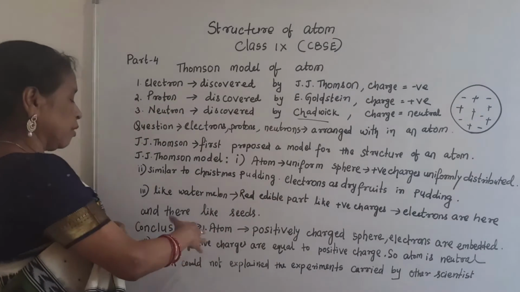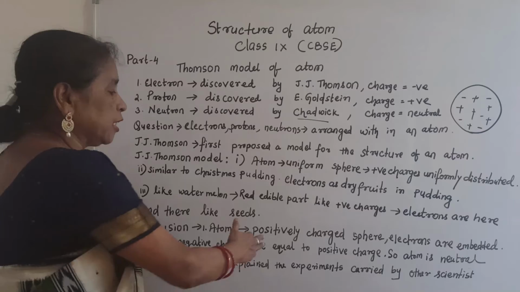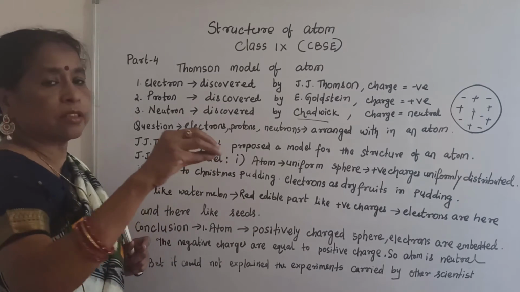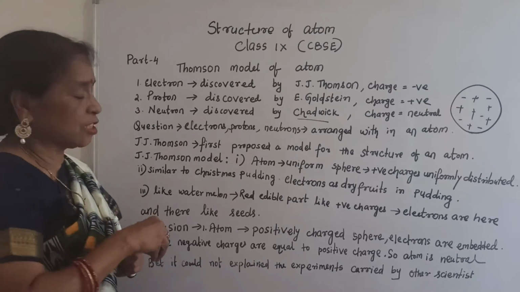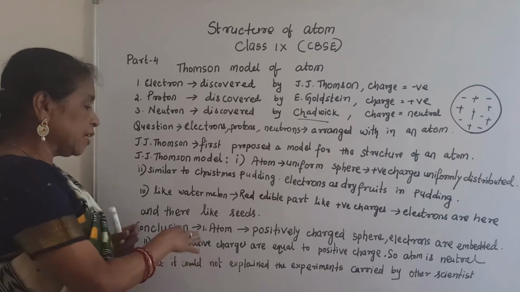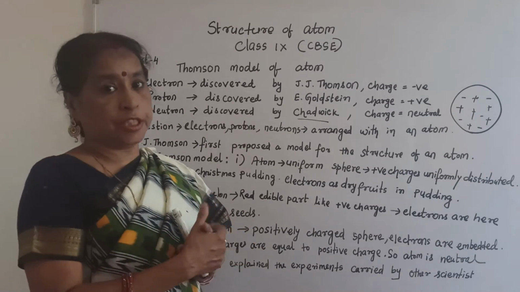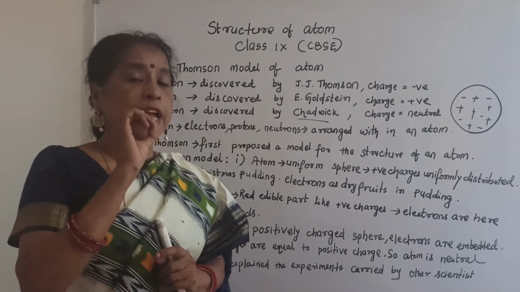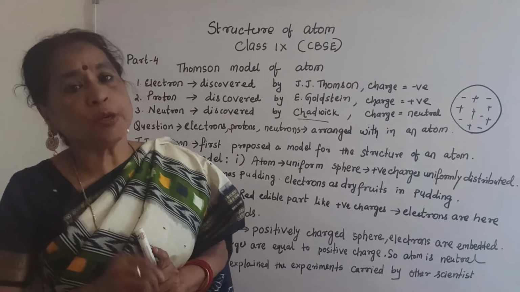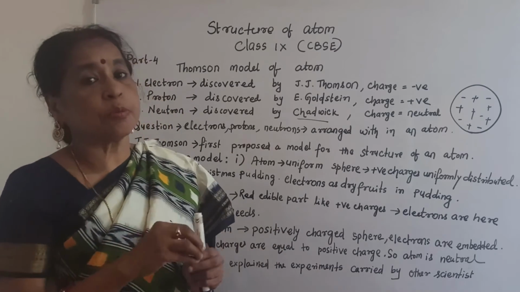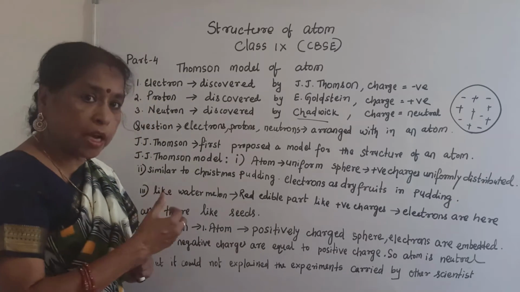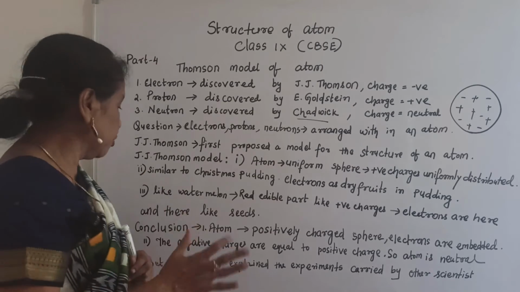The conclusion is that in the positively charged sphere, electrons are embedded. Electrons you put here and there, that is called embedded, and the negative charges are equal to the positive charges. Suppose 18 positive charges, there should be 18 negative charges. Suppose 2 negative charges, there should be 2 positive charges, because you know the atom is neutral.